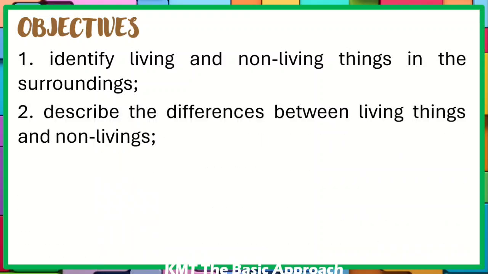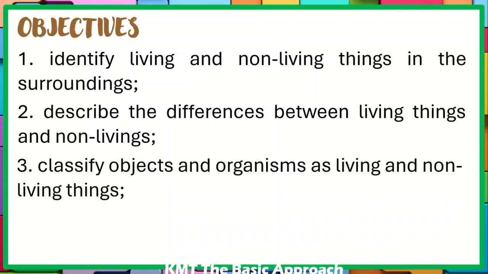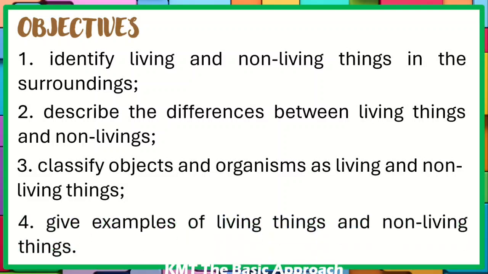Number 2. Describe the differences between living things and non-livings. Number 3. Classify objects and organisms as living and non-living things. And number 4. Give examples of living things and non-living things.